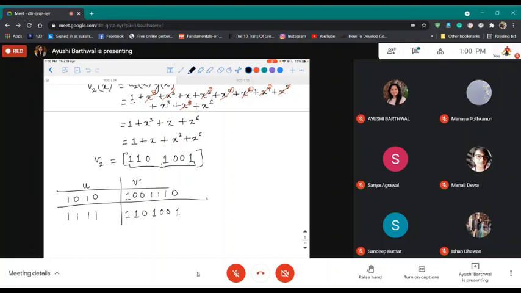So now if you observe v1 and v2, they too are following the cyclic property.